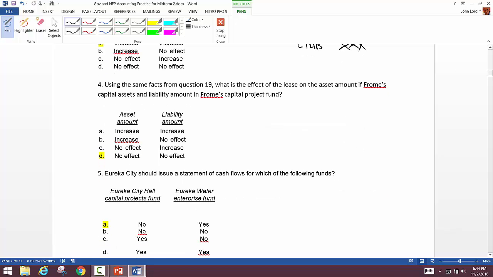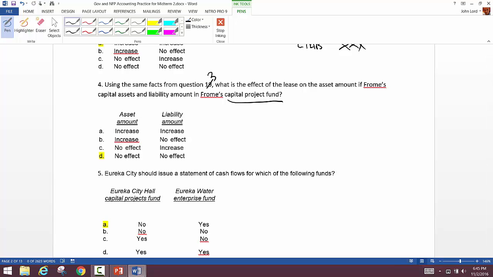Let's take a look at number 4. Using the same facts, not from question 19, now from question 3. Obviously, I lifted this out of somewhere else. Using the same facts as question 3, what would be the impact on assets and liabilities if we're in the capital project fund? Capital project fund is a governmental fund, isn't it?